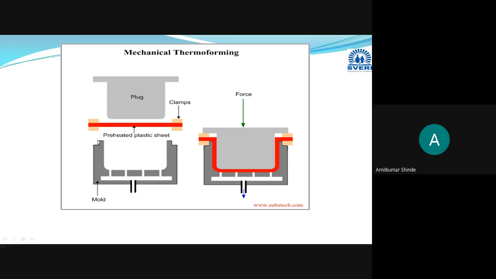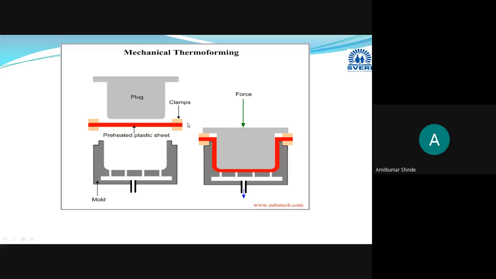Now, in the first stage, the plastic sheet is collected, and with the help of a clamping arrangement, you can hold it, and heating is done on that sheet with the help of some heating system or different types of heaters.